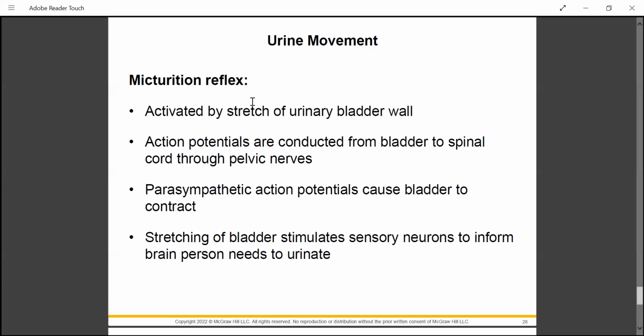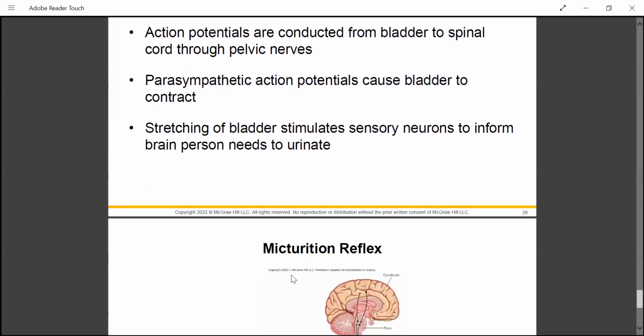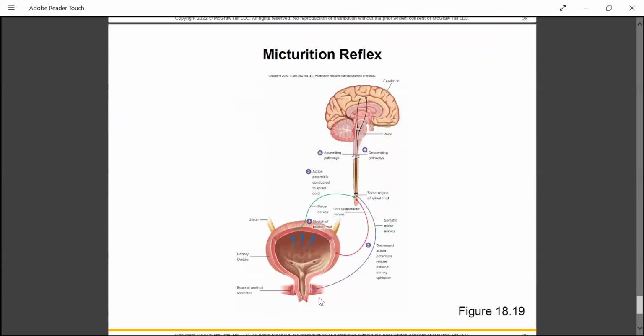So just to be clear, the reflex itself is started by the bladder and runs through the spinal cord. The only thing in terms of micturition that runs through the brain is the actual sensation of the need to urinate. And this just gives you a little diagram of that loop.